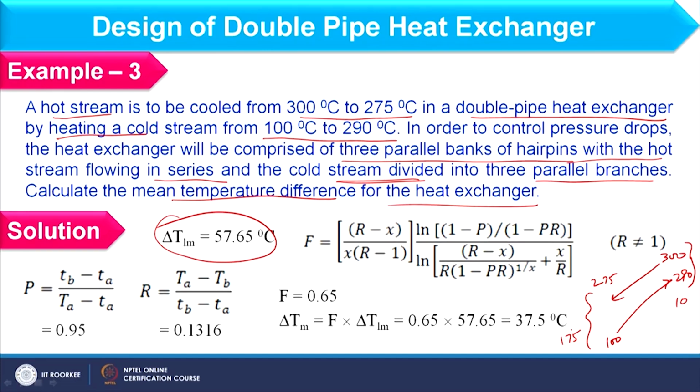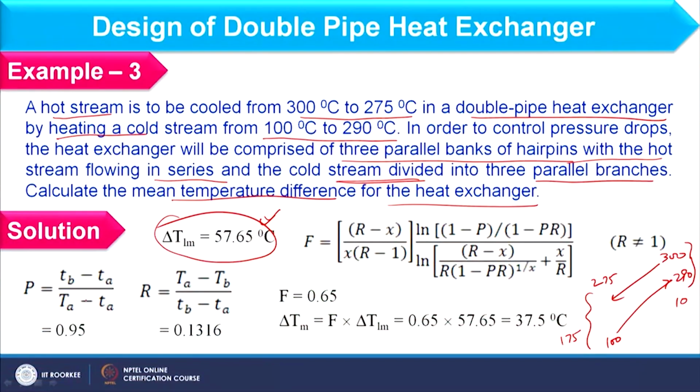So, considering these two, you can simply find out LMTD for counter current flow as 57.65 degrees Celsius, and further to calculate FT correction factor we have to find out P value, R value as well as the number of branches, right.